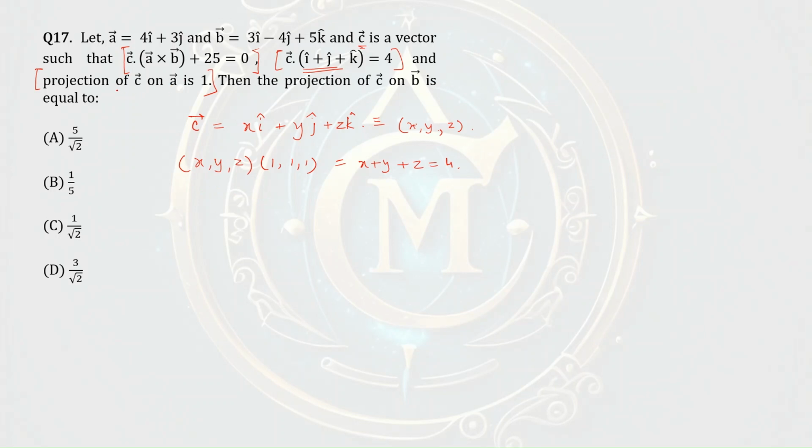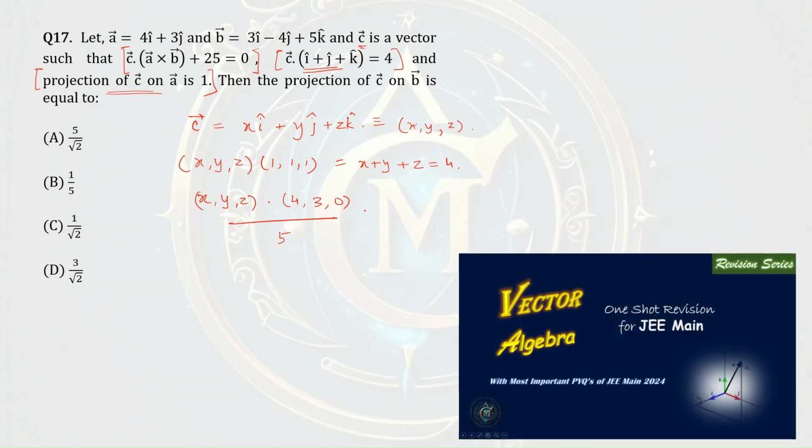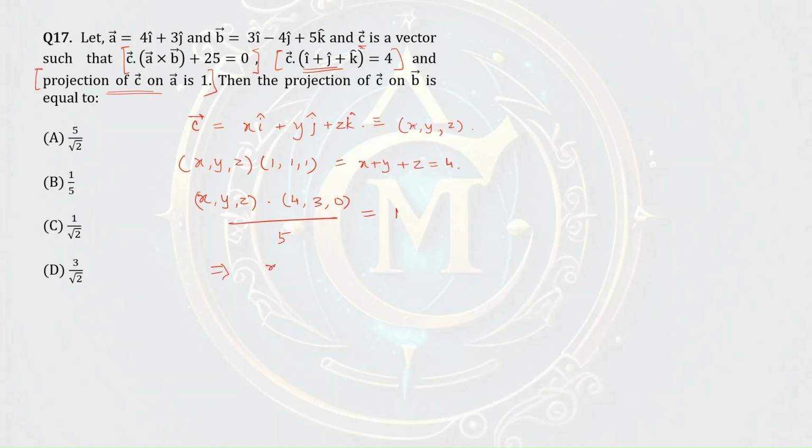And if we look into this condition, we get projection of C on A, that is C dot A vector, we can write as (4, 3, 0) divided by the magnitude of A. You can calculate it, it will be 5, is equal to 1. So that means 4x plus 3y is equal to 5. This is second equation and this is first equation.